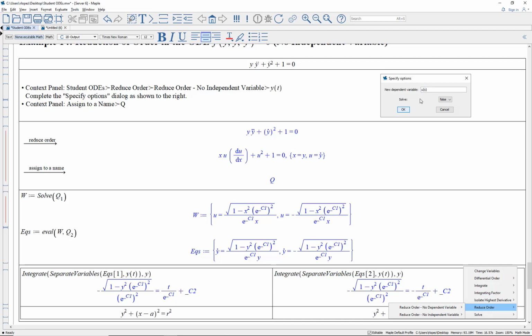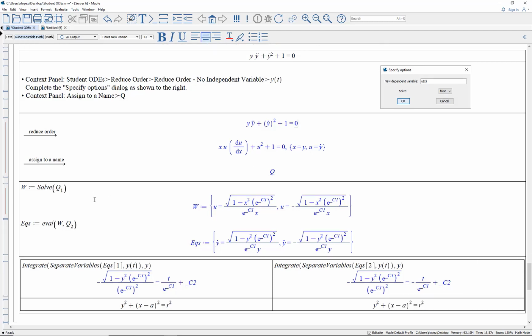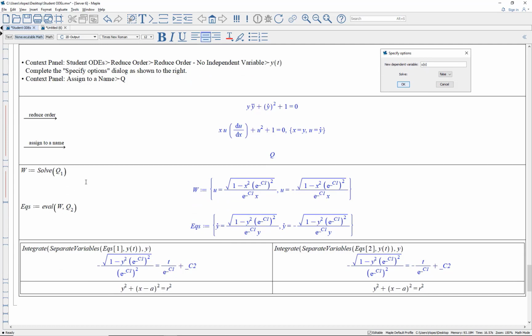You give the name of the new dependent variable, and I have chosen not to solve the equation because I want to see the pieces. And the return is this sequence, the reduced equation, and the equations that reduce that given differential equation down to this. This sequence has the name Q. And I've switched here to a couple of commands just to expedite the exposition.